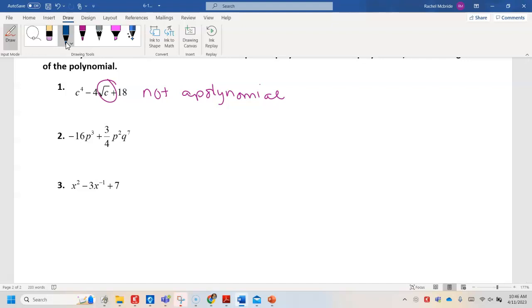The degree of a constant is 0, so this term's degree is 3. This term's degree is 9. So it is a polynomial of degree 9.